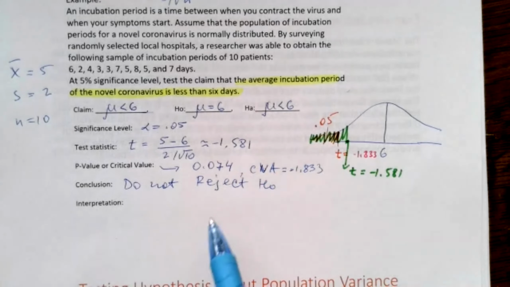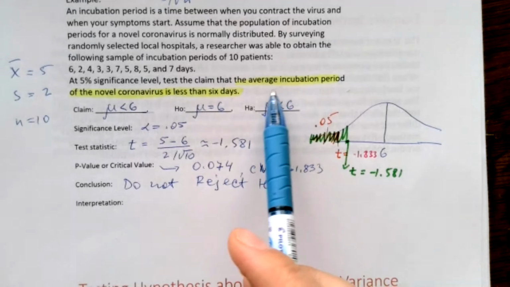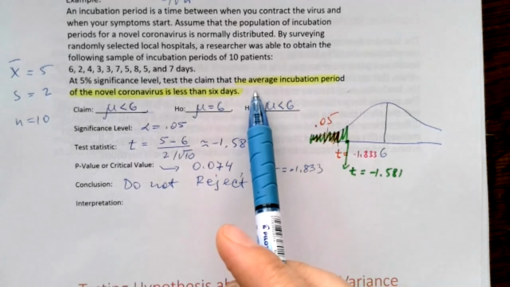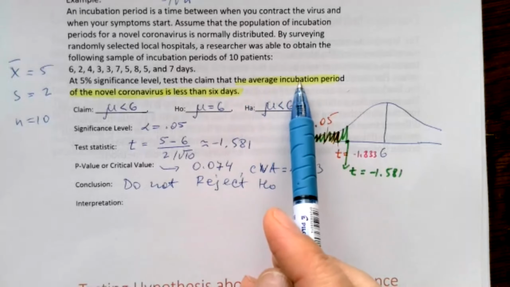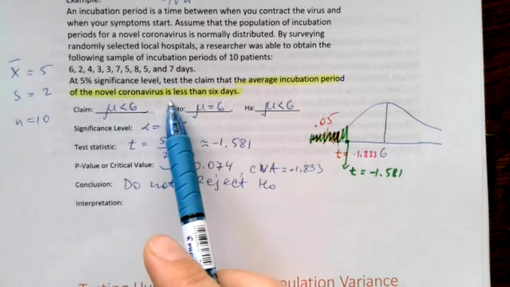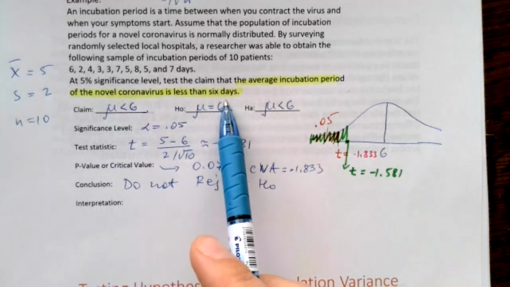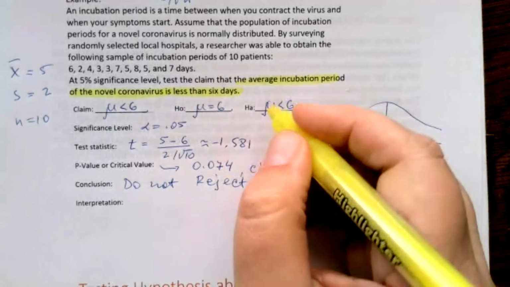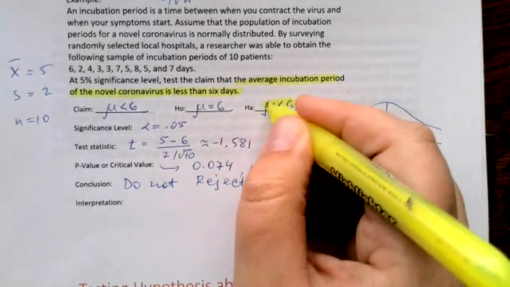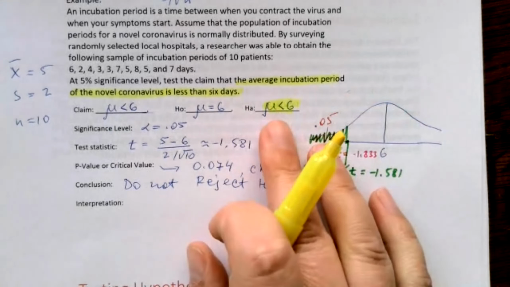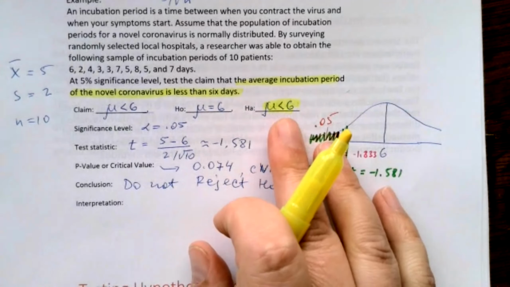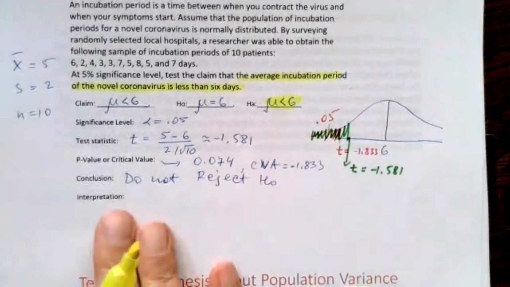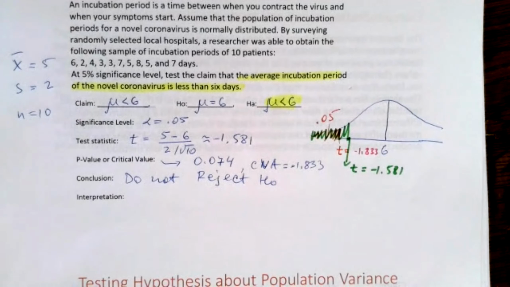All right, what does it tell us in terms of our claim? The claim was that the average incubation period of the novel virus is less than 6 days. This was our alternative. We did not gather enough evidence for it.